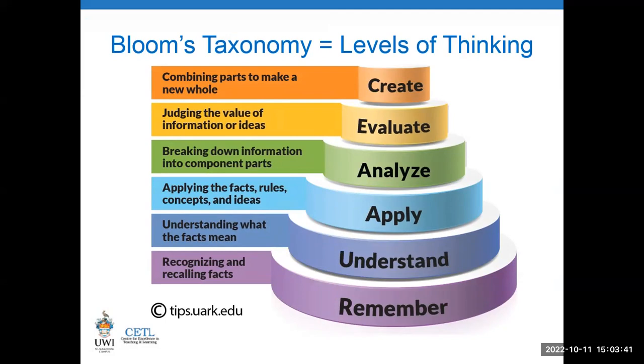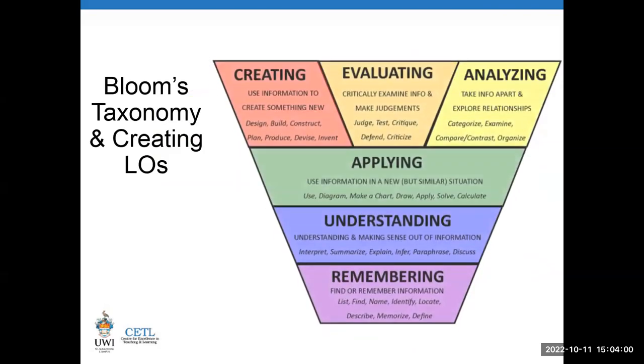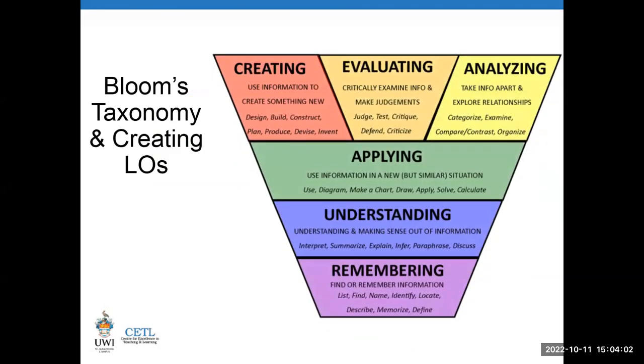If I were to tell you to just repeat what I said, you might be able to do that. You could recall facts, for example. But if I told you to create a learning outcome, that would take you to a whole new level. Then I definitely know the level of thinking is much higher. So you want to aim for that.